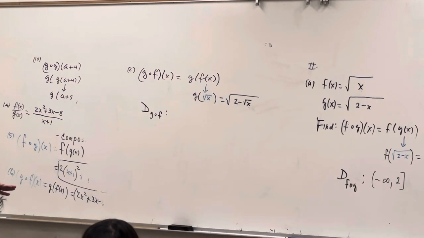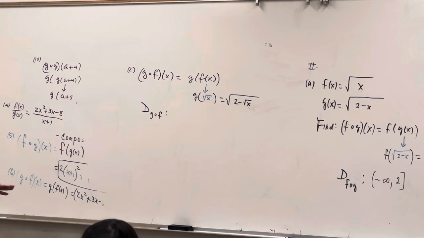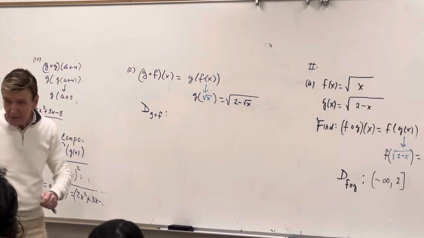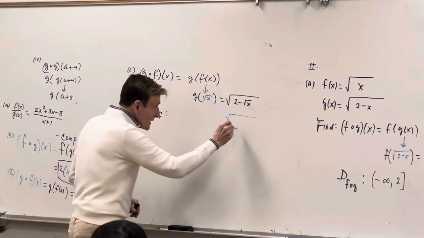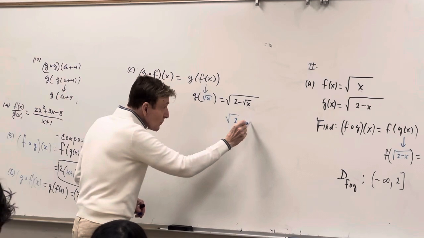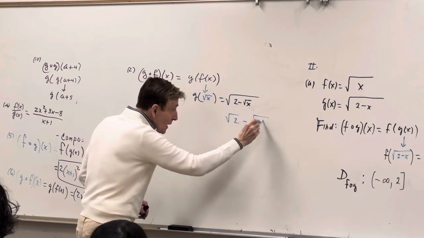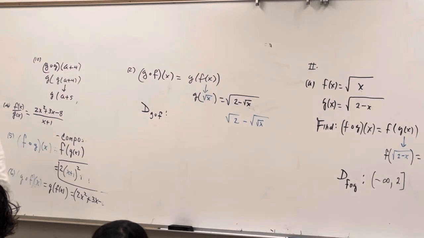Could you turn it into the square root of 2 minus the fourth root of x? I knew you were gonna say that. You cannot, and I'll show you why. I'm glad you asked. He's saying, Professor, could I write it like this, guys? Could I rewrite this as this minus this, or something like this? You want to actually split it up and take a square root of each one of those. No way. I'll show you why.